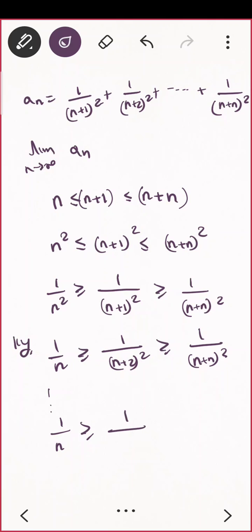But I just want to write the last one, 1 upon (n plus n) the whole square, which is equal to this guy, so I don't have to be worried. Do you see what your question is? It is the addition of these terms.